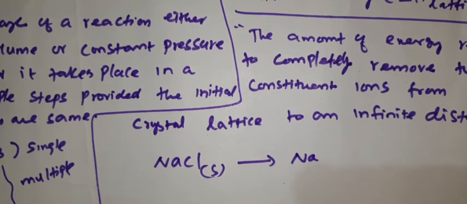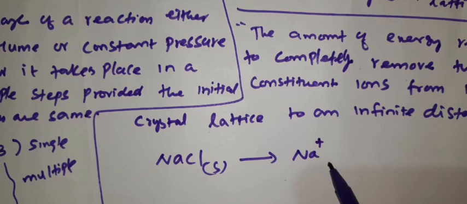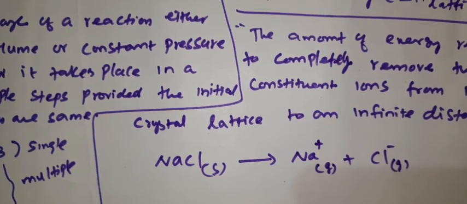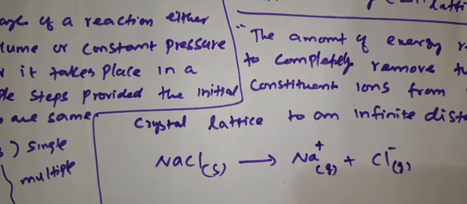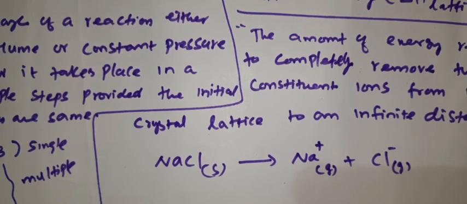So we are applying some energy. So this NaCl breaks into Na plus gas plus Cl minus gas. Lattice energy is defined as the amount of energy required to completely remove the constituent ions from its crystal lattice to an infinite distance. Infinite distance means the gaseous state. It is called lattice energy.